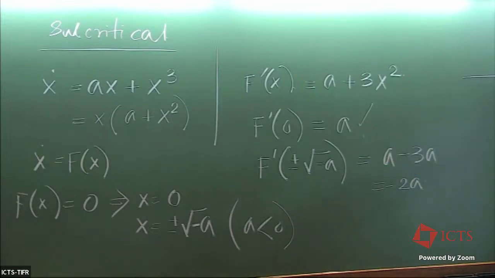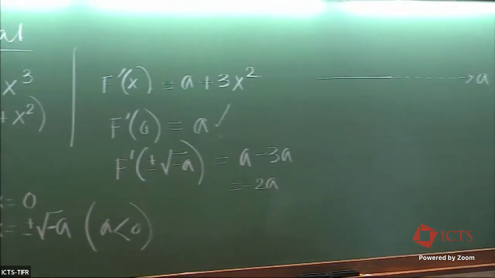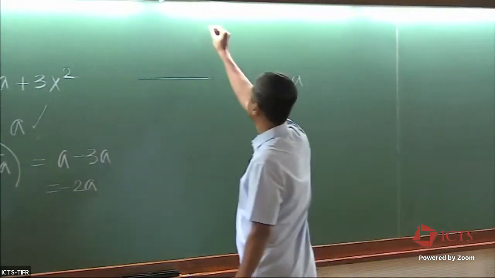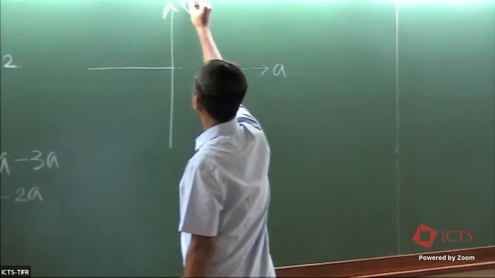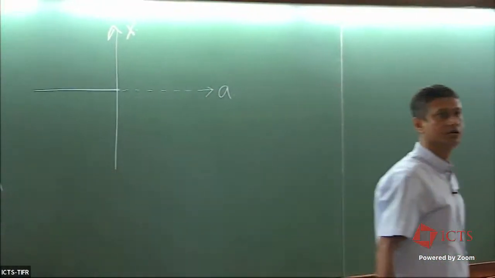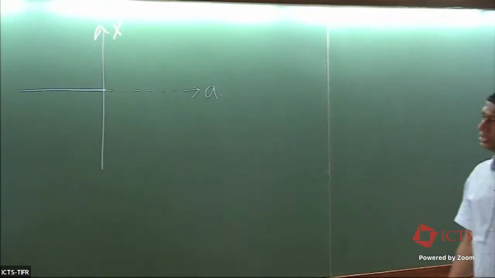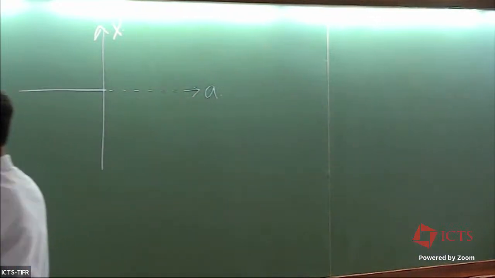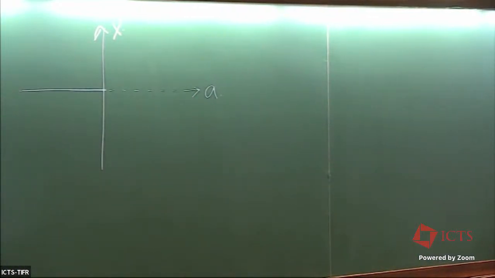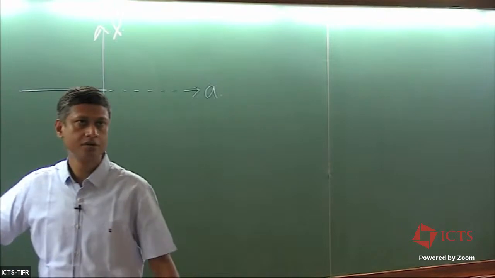So that's a, and this is x, right? And these two, they will exist when a is negative, right?